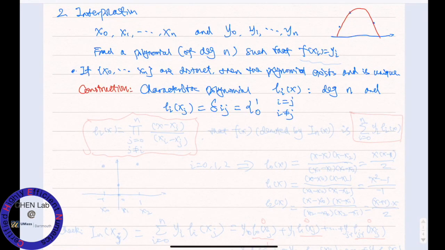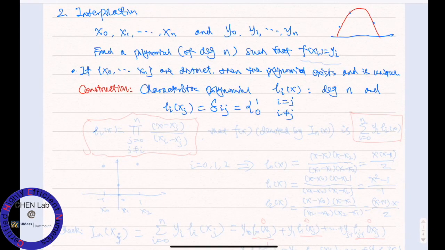This is a funny function. In some sense, it characterizes the point xi, because if you evaluate at xi, you get 1. If you evaluate at anybody else, you get 0.